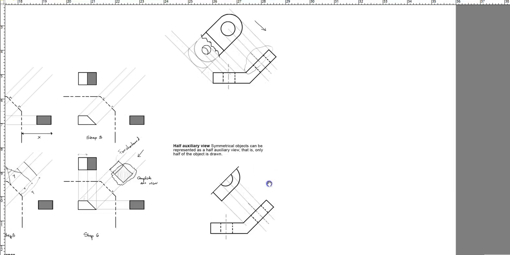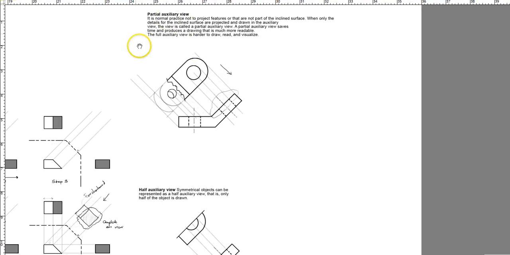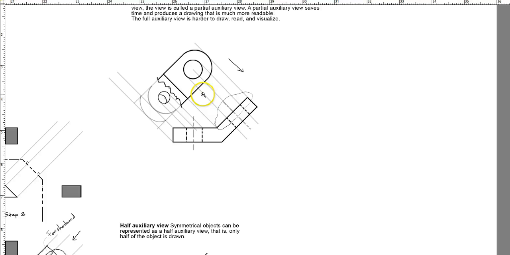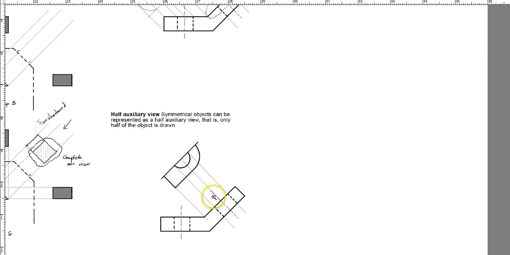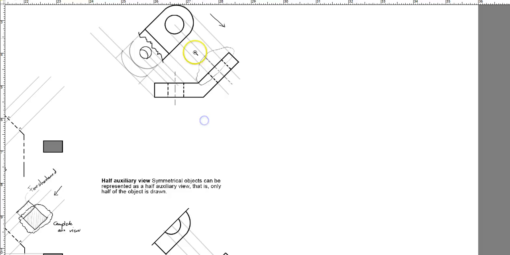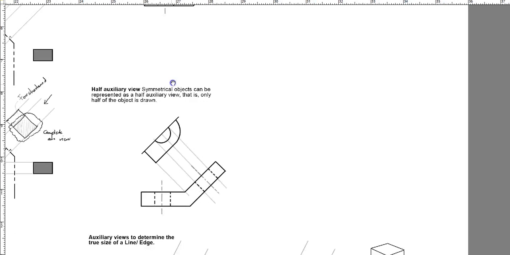Okay, now the next one is similar to the partial auxiliary view, but instead of even making partial, if the object is symmetrical, then you will just make half auxiliary view if you look over here. Now what does this do? It saves even more time than I would have spent over here if I were hand drawing the object.